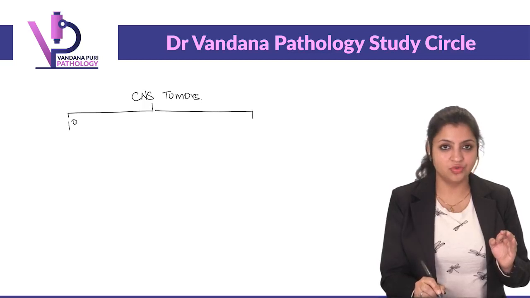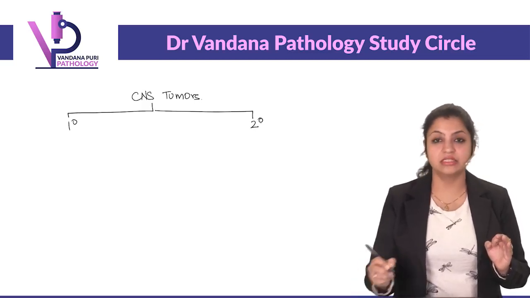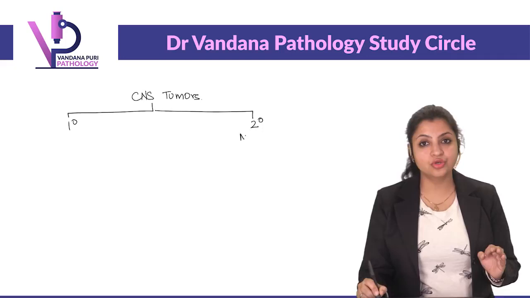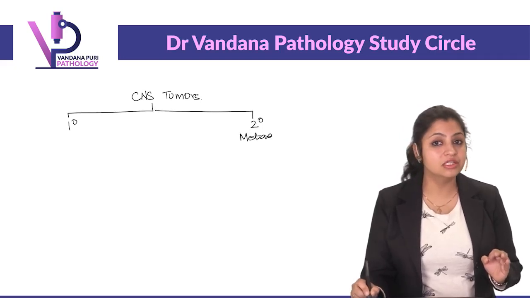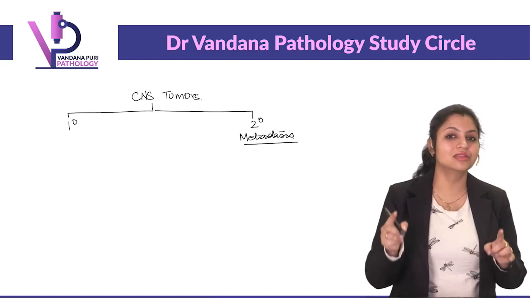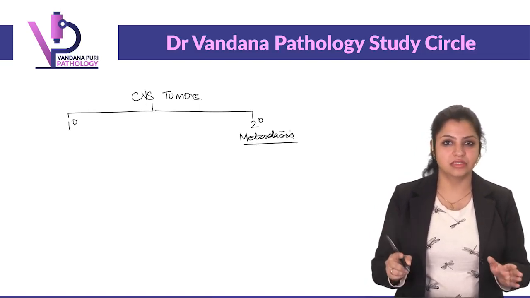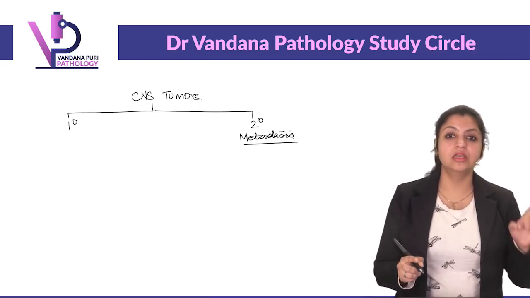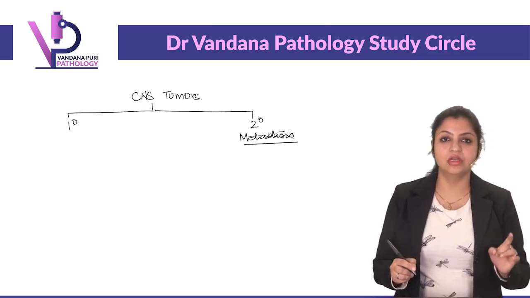They can be of two types, primary and secondary. The most common tumor which occurs in the brain is metastasis. Primary tumors are rare.